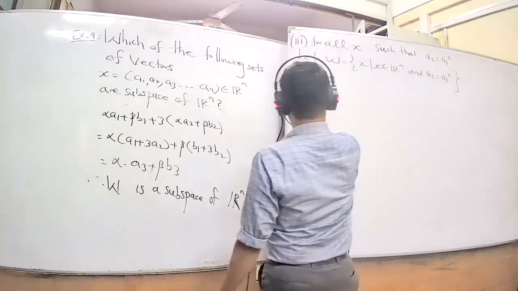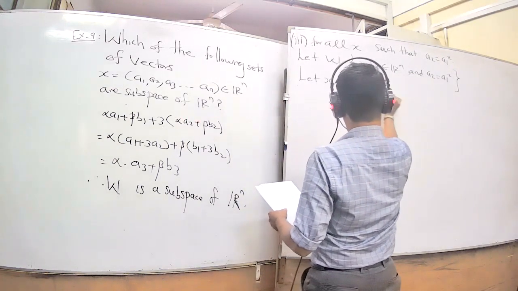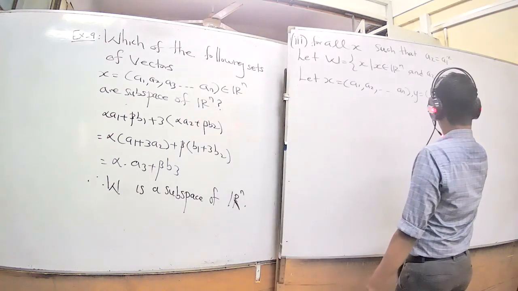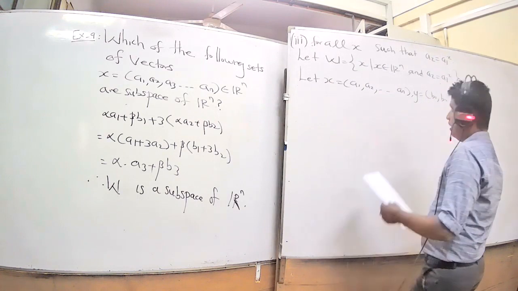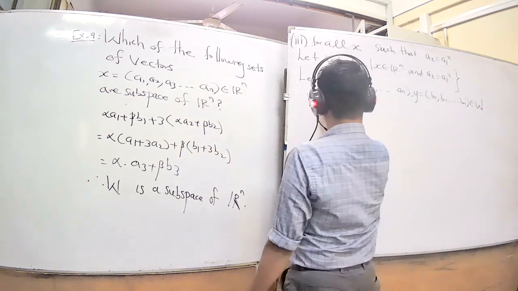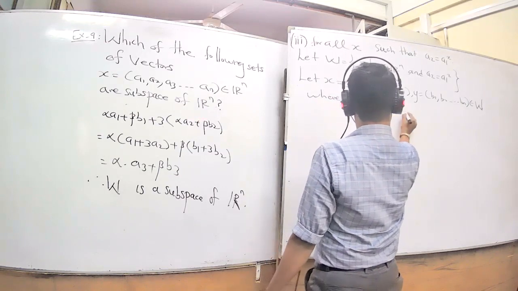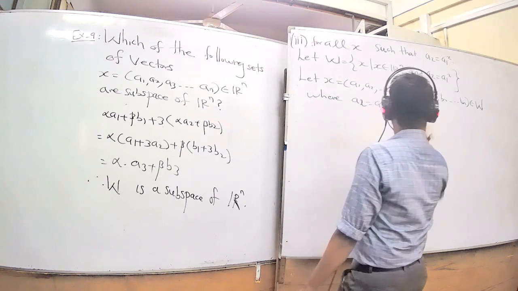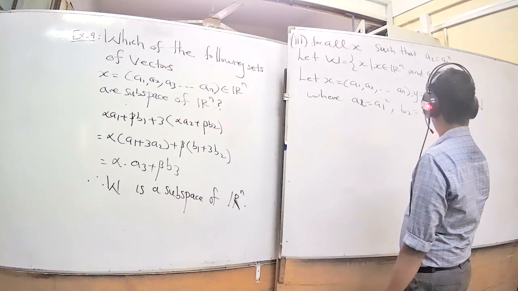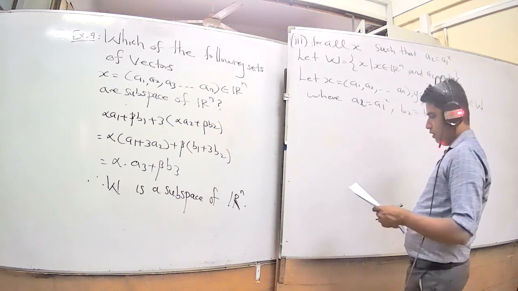So let x equal (a1, a2, and so on, an), y equal (b1, b2, and so on, bn), both belonging to W. So these satisfy the condition a2 equals a1 squared, and b2 equals b1 squared.